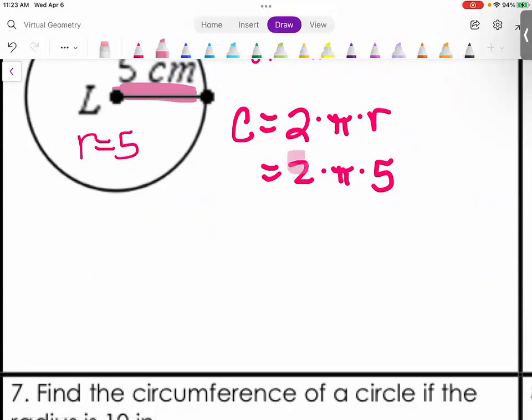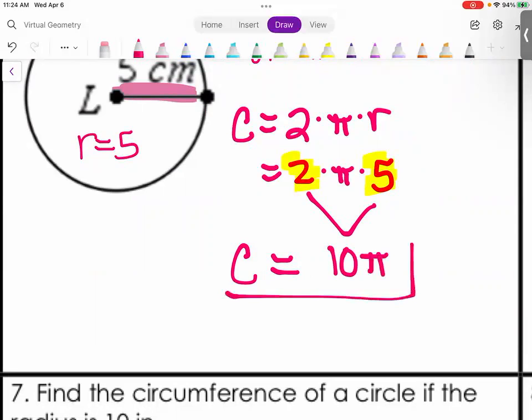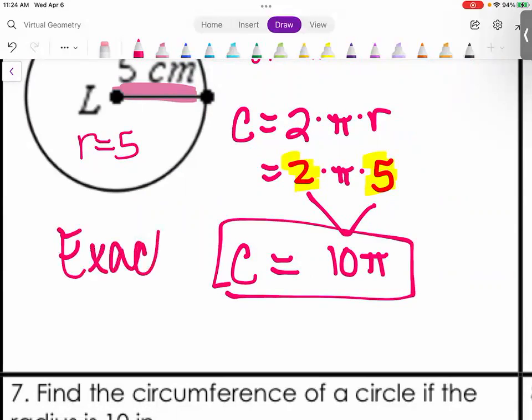The only numbers we multiply are the 2 and the 5. 2 times 5 is 10, and the pi just comes on down. That is my final answer if it says exact. Exact means do not multiply through the pi.